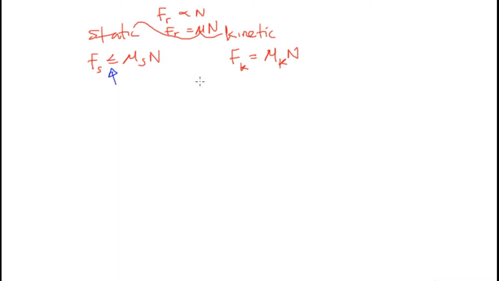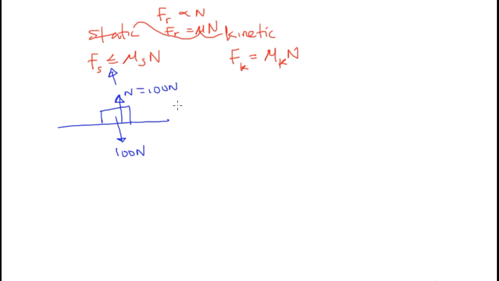So let's say there is an object on a surface which weighs 100 newton. That means the normal will be N, which is equal to 100 newton.